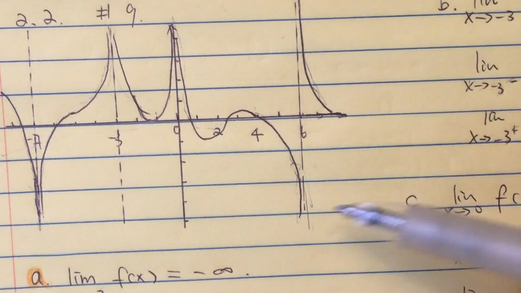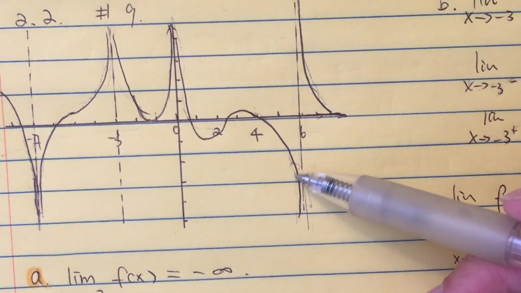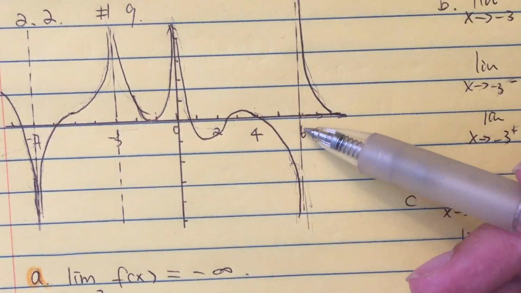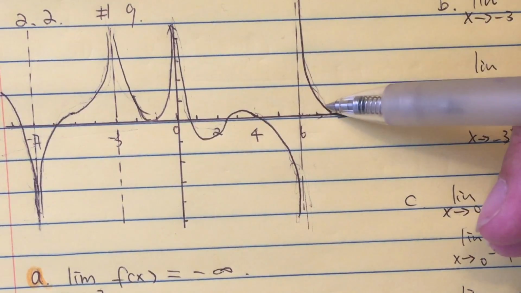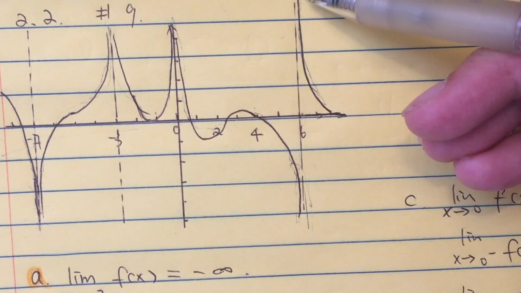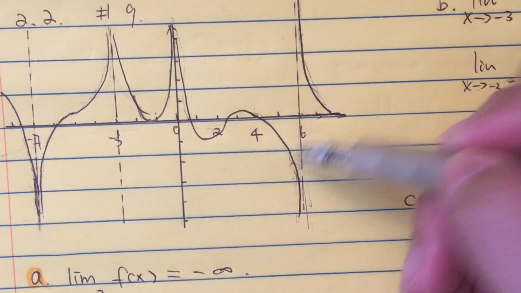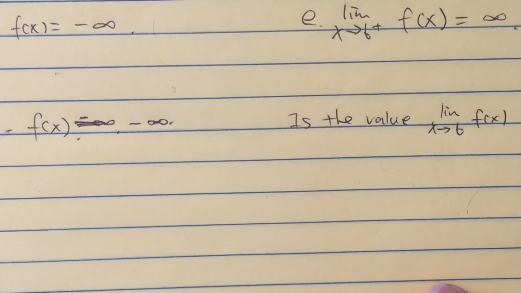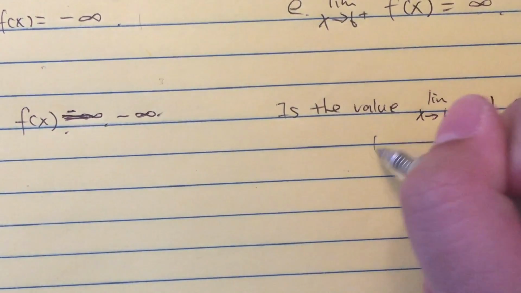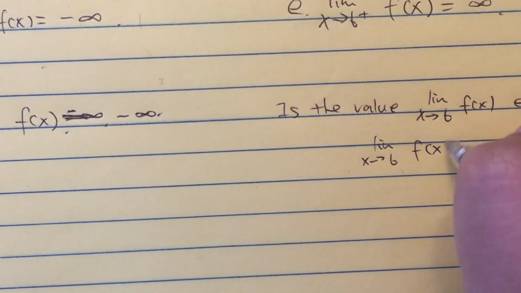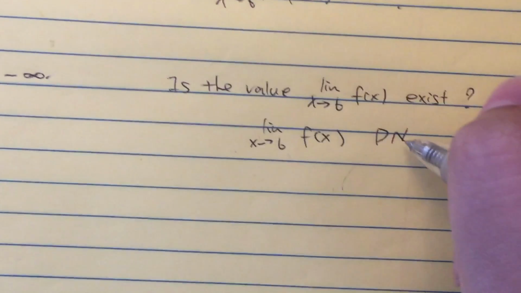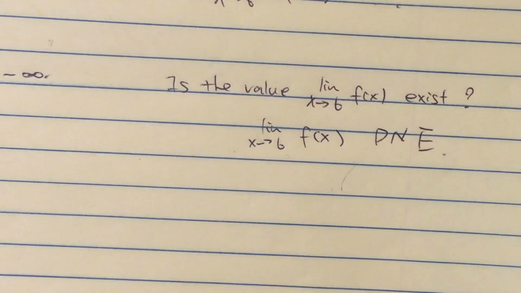As we can see here, when x approaches 6 from the left side, the value is negative infinity, and from the right side, the value is positive infinity. They are not the same. So we can tell the limit as x approaches 6 of f(x) does not exist. Cool.